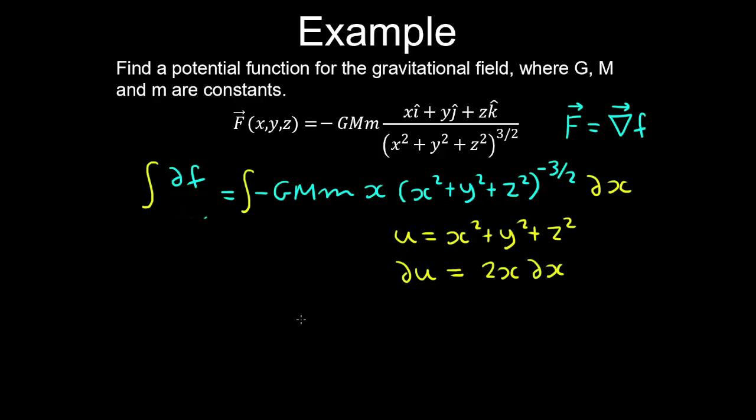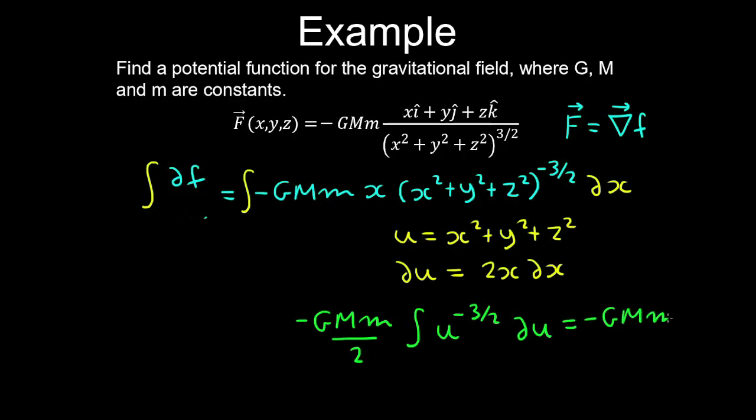So we can write the integral as minus GM on 2, and we integrate u to the minus 3 on 2 du. So what we get is minus GM on 2 by u to the minus a half on minus a half.